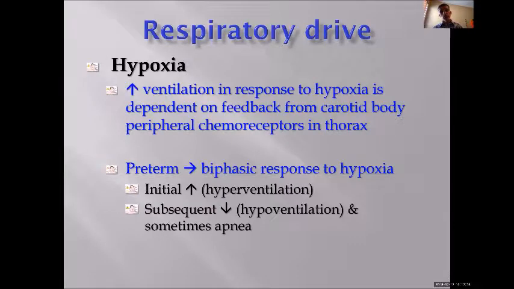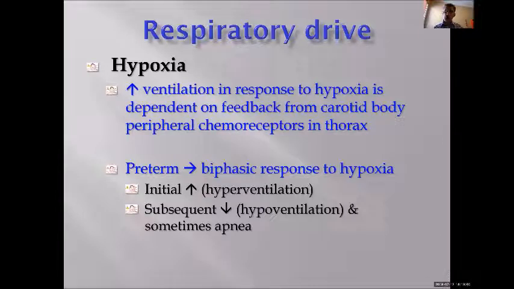The other driving factor for the respiratory drive is oxygen. When you have hypoxia, obviously we should have better ventilation. When we say ventilation, we don't mean the rate, but better volume, better PEEP. This happens through sensing the oxygen level by a receptor at the carotid body and other areas in the chest, which send the signal centrally, and then, sensing that oxygen is going down, we need to improve the ventilation.